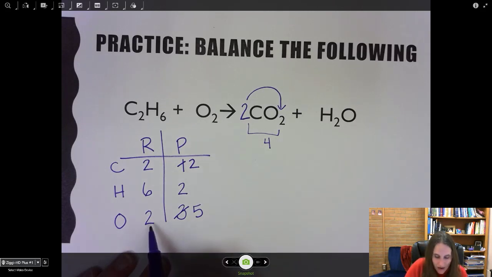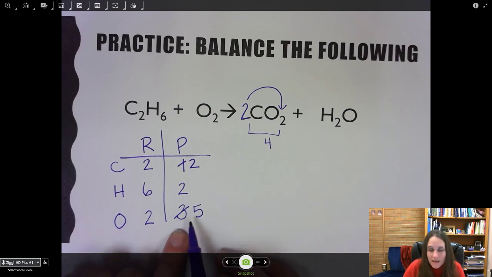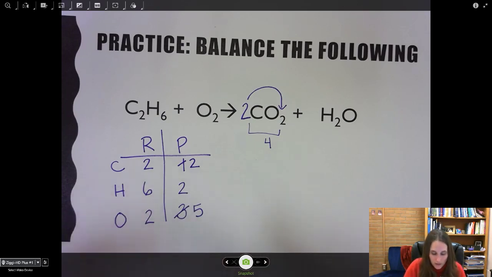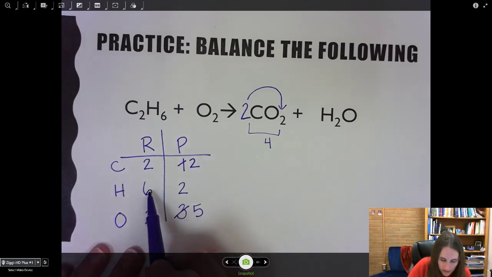I have what's always going to end up being an even number on my reactant side, but I have right now what's always been an odd number on my product. And if I keep trying, you'll see that that's going to keep happening. So let's try to balance my hydrogens.